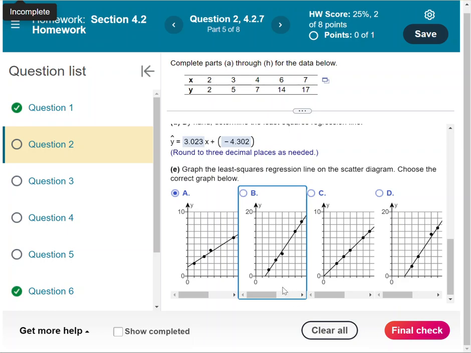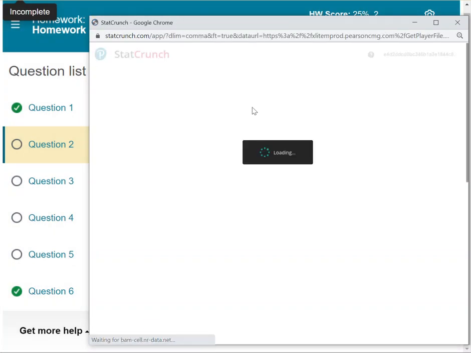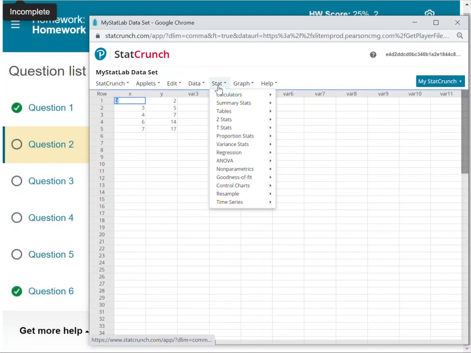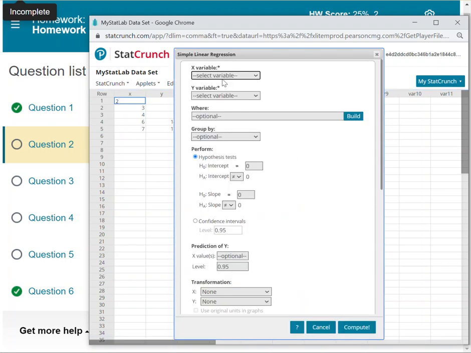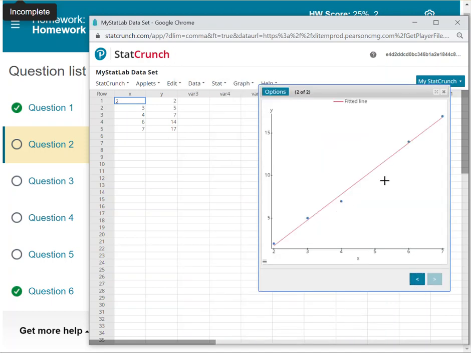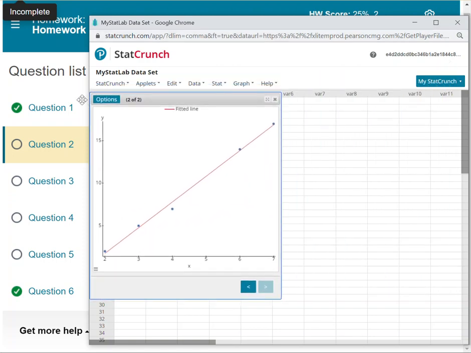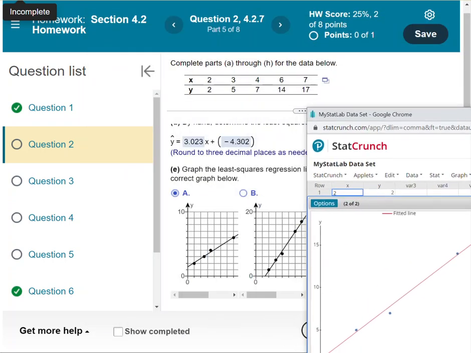All right, let's go grab it again. Regression, simple linear, choose X and Y, compute, there's our graph. We really want to see it while we're doing the other.